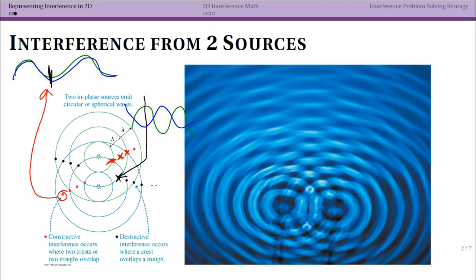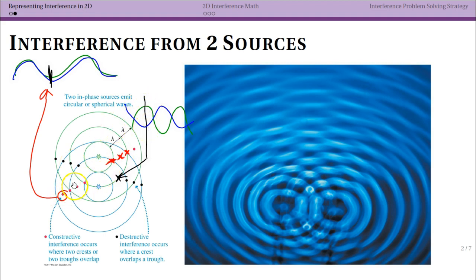So the thing to think about here is it's probably simplest to notice that the intersection of two circles is constructive interference, crest with crest. When you see one line and it's in the center of two circles, that's destructive interference because that's crest-trough.